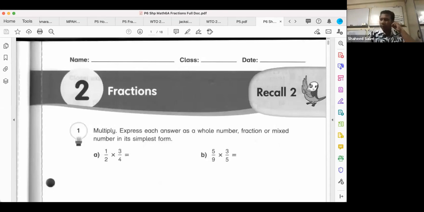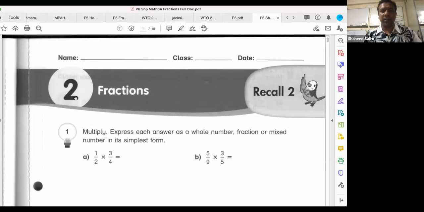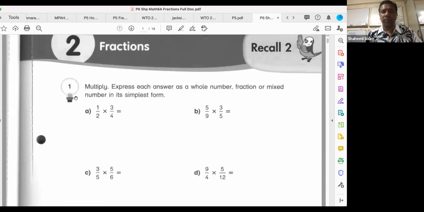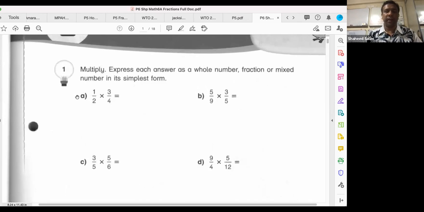Okay, we'll start now. So this is from your P6 textbook. Okay, this is from Shaping Maths actually. So can we just revise a little bit? Very easy stuff.